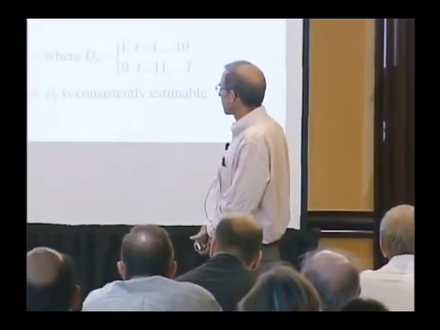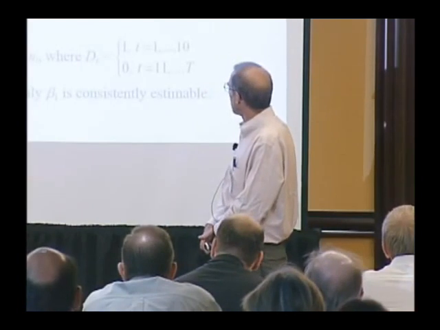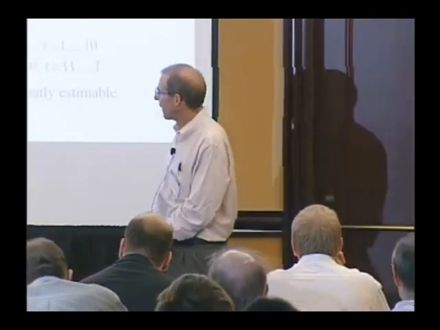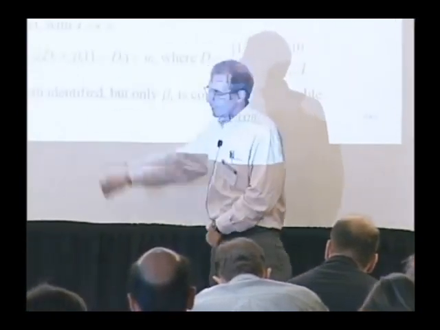I think one of the important points here conceptually is that, actually there are two points I want to make. The first point is this one here, that identification doesn't necessarily imply consistency. I think we've gotten so used to thinking of identification this way.